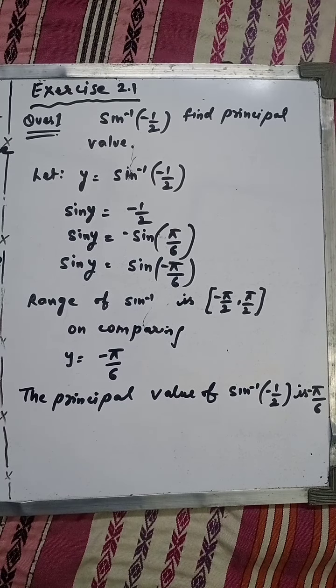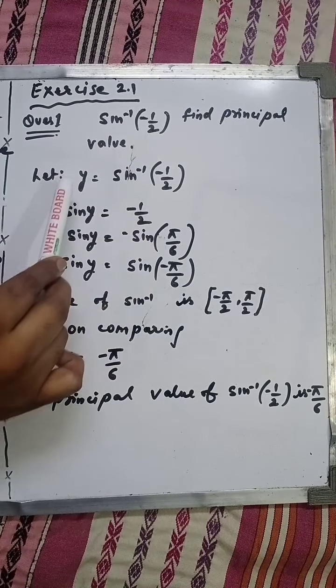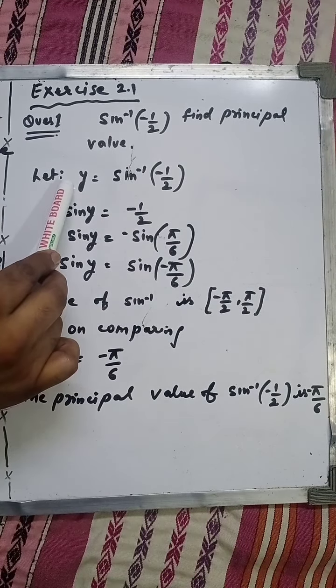An inverse function is given to us and we have to find out the principal value of this function. Whatever is given to you, you have to assume that it is equal to y. So I'm writing, let y equal sine inverse of minus 1 by 2.